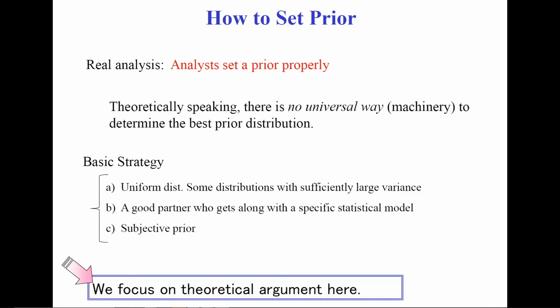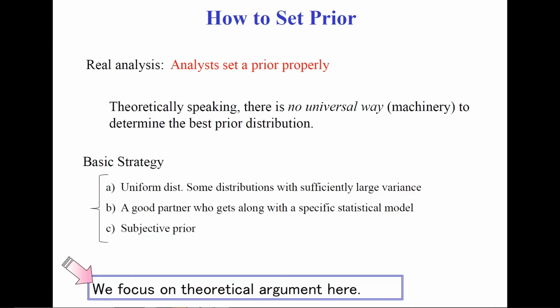And the second one, we use a good partner who gets along with a specific statistical model. As we shall later see, a good combination of statistical model and prior distribution makes calculation of the posterior very easy. This is the second one.